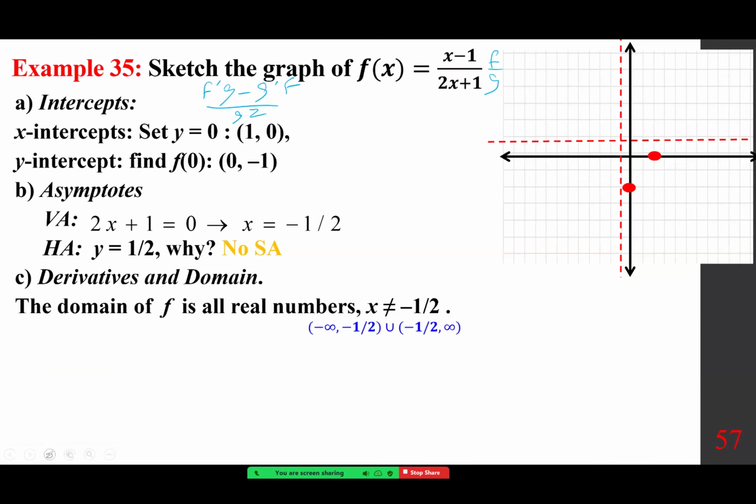I'm going to use the formula. See, I write the formula from memory and I use that. So 1 times 2x plus 1, minus the derivative of the bottom, which is 2, times x minus 1, and then put the denominator in parentheses and square it.